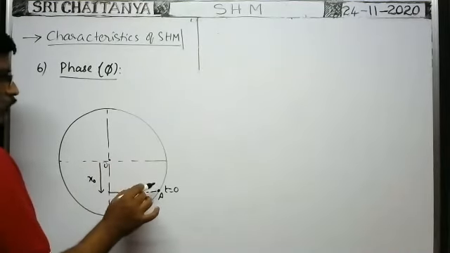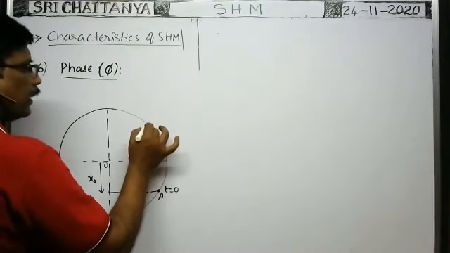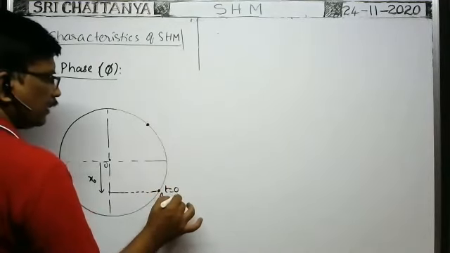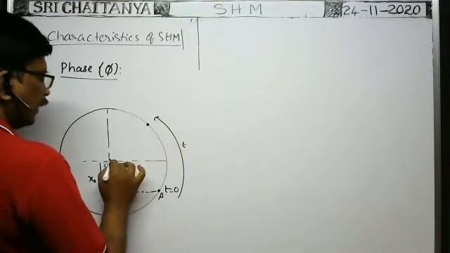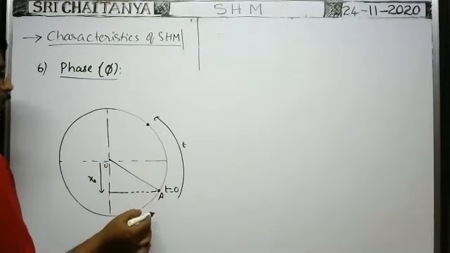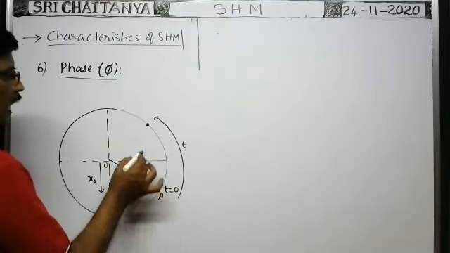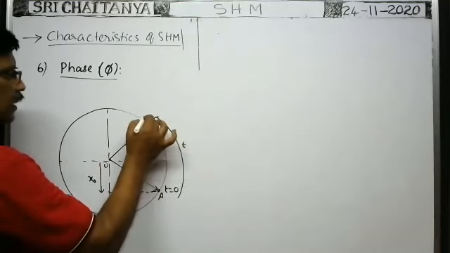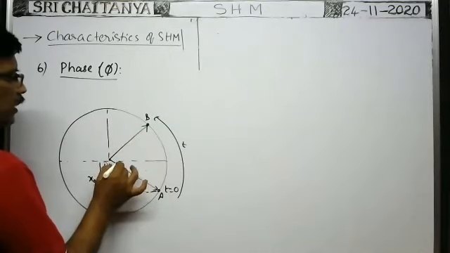So when you consider the motion of the particle from the point A, if it reaches the point here in t seconds, then the angular displacement of the particle is as follows. Initially the position vector of this particle moving along the circular path is this one. After t seconds, as it reaches the point B here, this is the position vector. What is the angle displaced by the position vector?